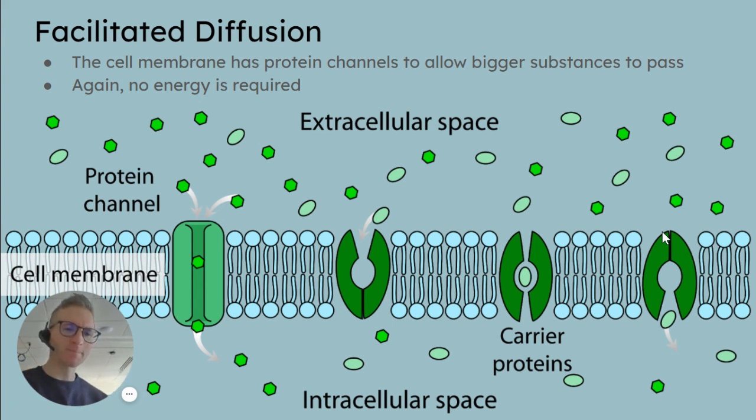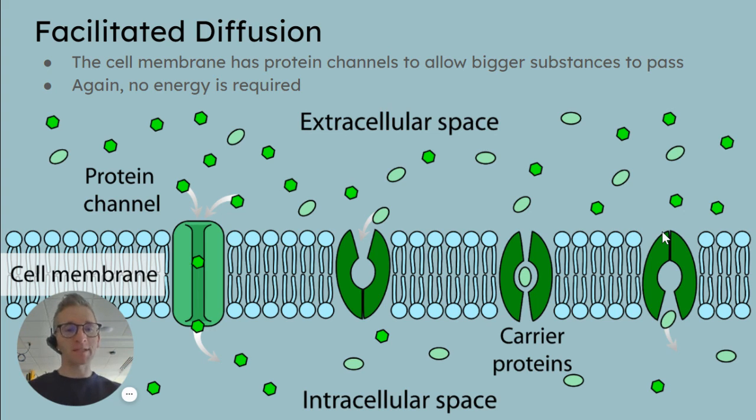So that was diffusion. But what if the molecules are too large to diffuse across the membrane? Well, our cell membranes have a solution for that, and those are called protein channels and carrier proteins. These proteins embedded in the cell membrane allow larger molecules to pass.